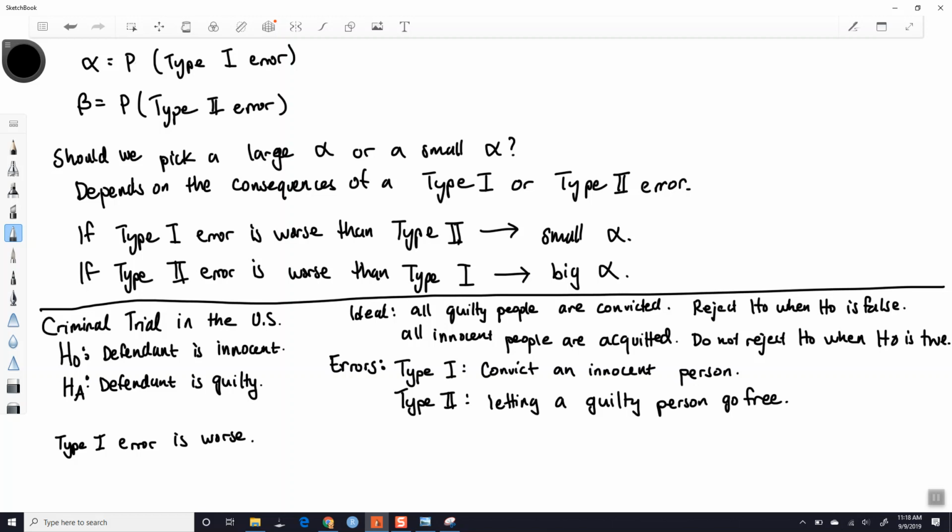That's what the whole due process is all about, that someone will not be held without due process. That's what we've said. Type 1 error is worse. And so in this case, do we want a small alpha or a big alpha? We want a small alpha.